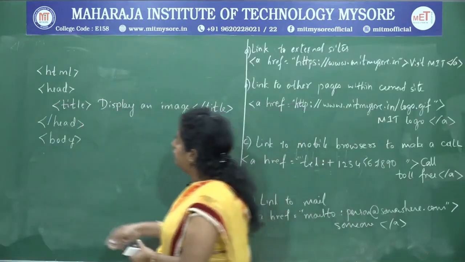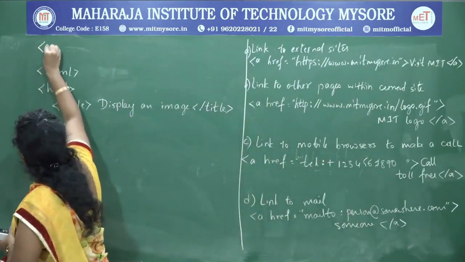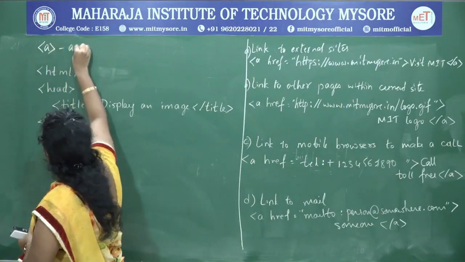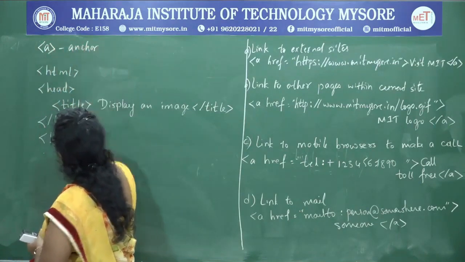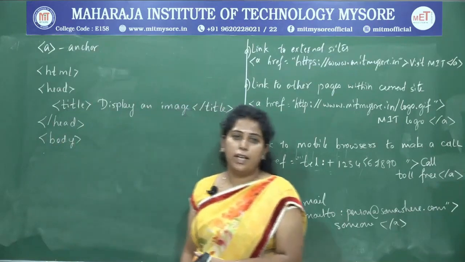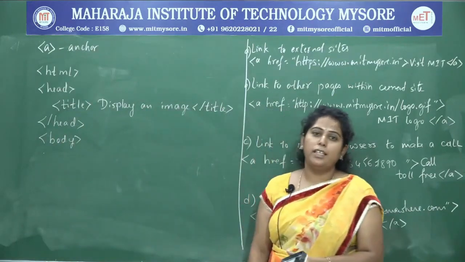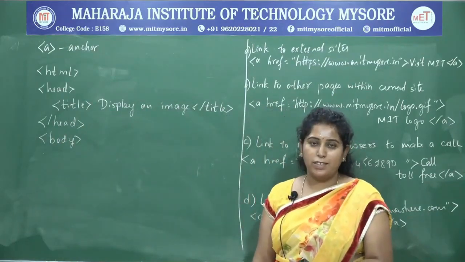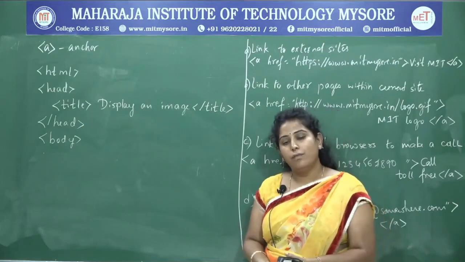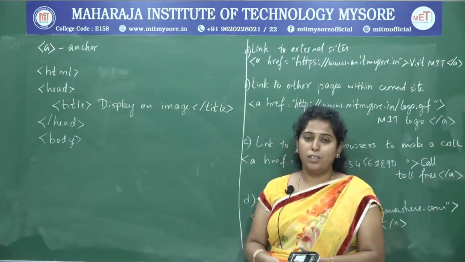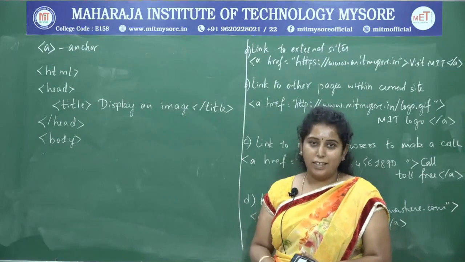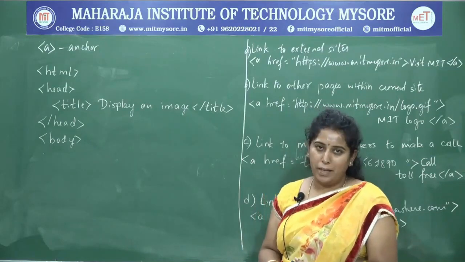Fine. So let us take up the next tag, that is the a tag, which stands for anchor tag. This is the tag which is used for creating a hyperlink. It means a link which makes us access a document in another file or in another path.